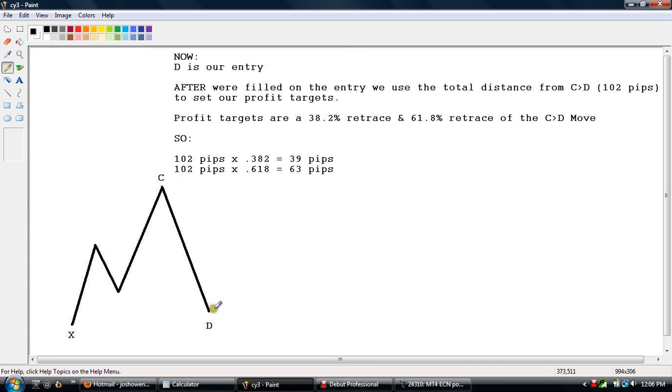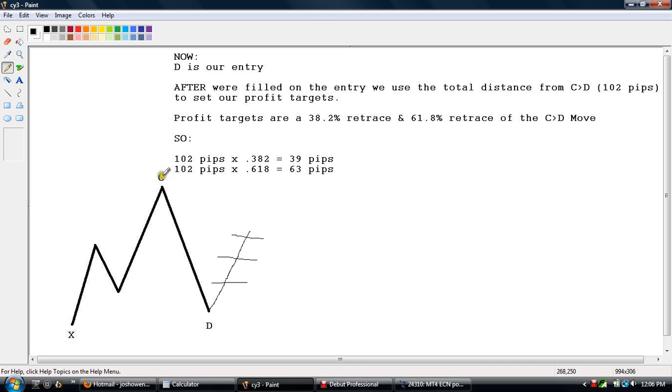So if we pull our fib from D to C or C to D, no matter how you do it, you'll know you've got it proper when price starts retracing back from D. The first number it comes to is a low number, which would be 38. The second number would be 50. Further on would be 618. And these levels are going to be fib levels that give you your profit targets based on the retrace.